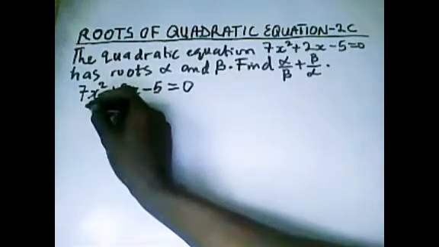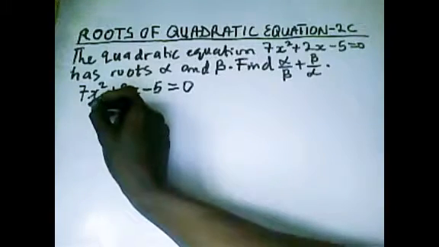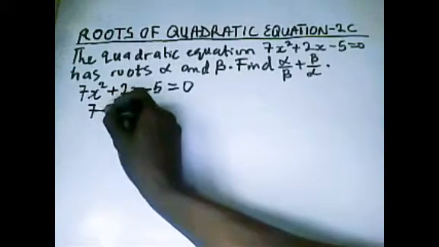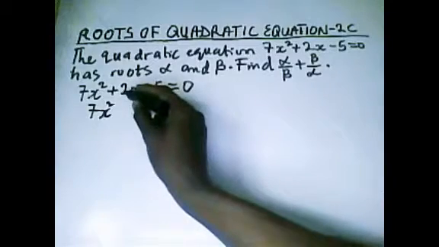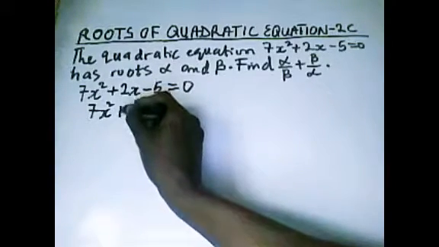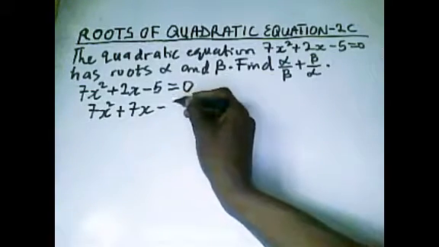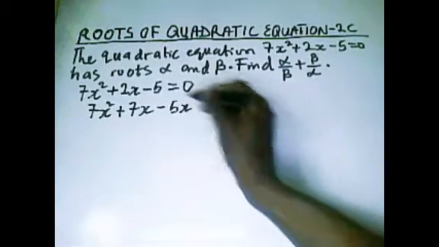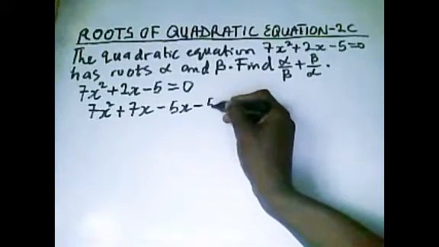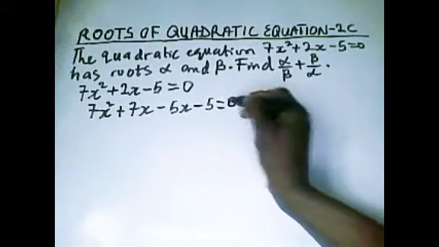So which means that on the second step here, we are going to write 7x squared, then replace the middle term by its factors, which is plus 7x then minus 5x. Then finally we write our minus 5, then everything equals 0.